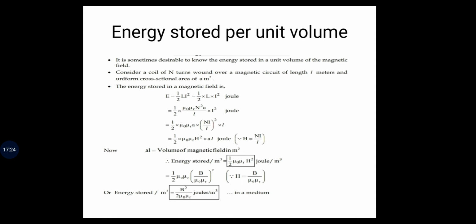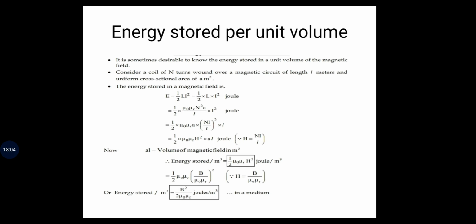Here energy stored equal to half L I square joules. Here L equal to mu naught mu r n square A by l, into I square, which is half of mu naught mu r A into N I by l whole square into l.